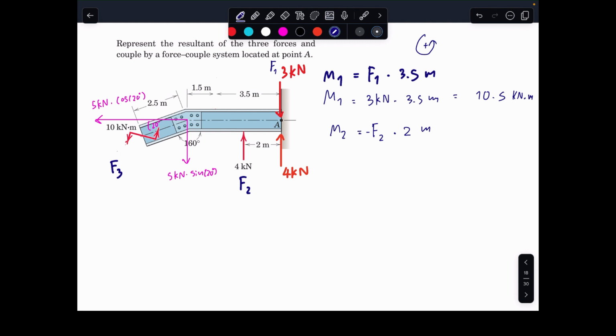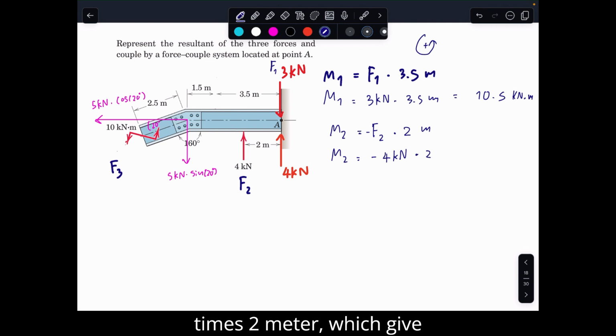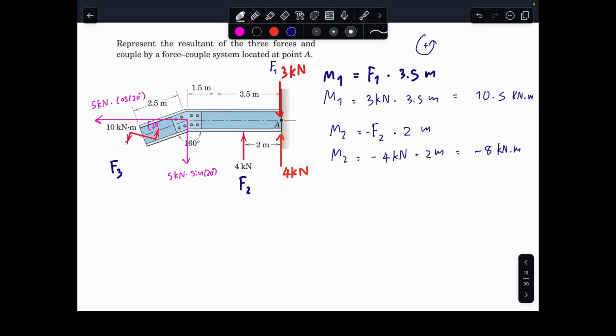So M2 equals minus 4 kilonewton times 2 meter, which gives us minus 8 kilonewton meter. Then we again remove F2 from the system because we have already translated that force onto point A.